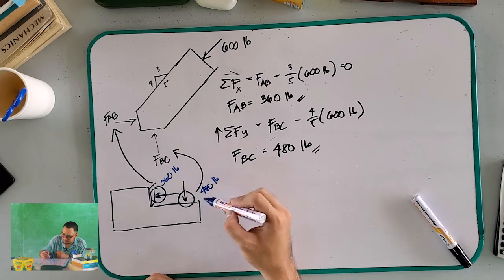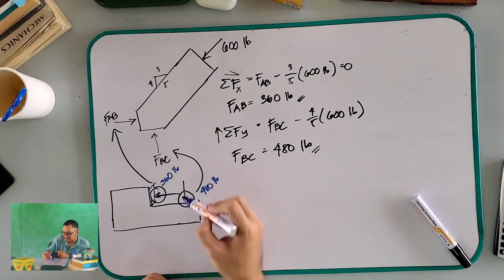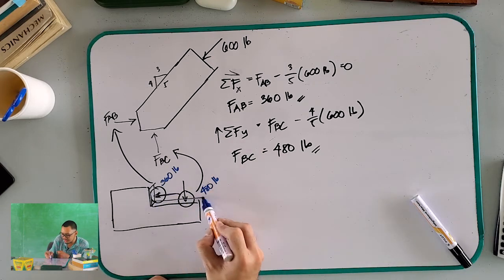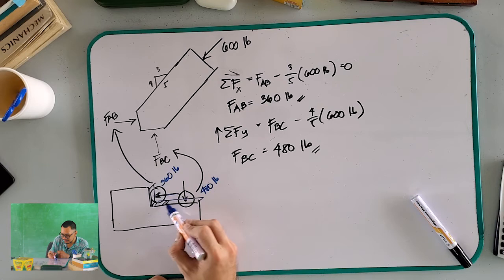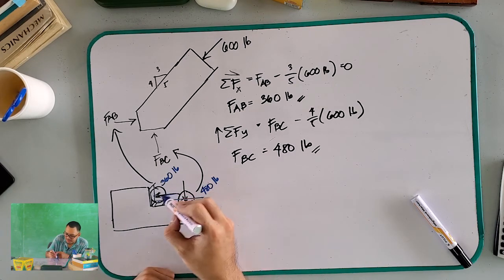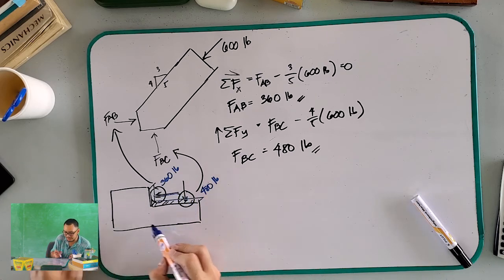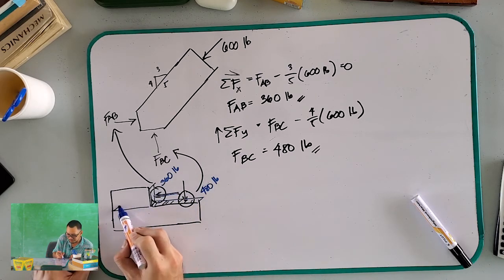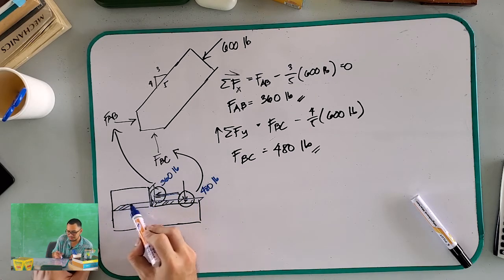On this portion for FBC, this is your force and this is your area. And for your shear stress, this is your force and this is your area.